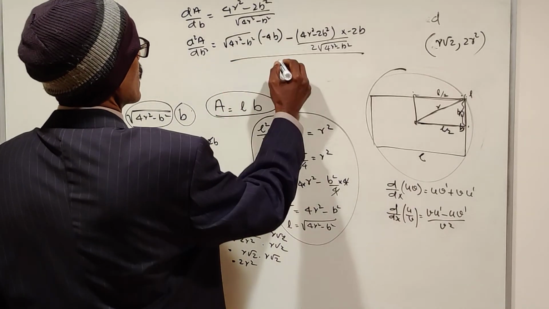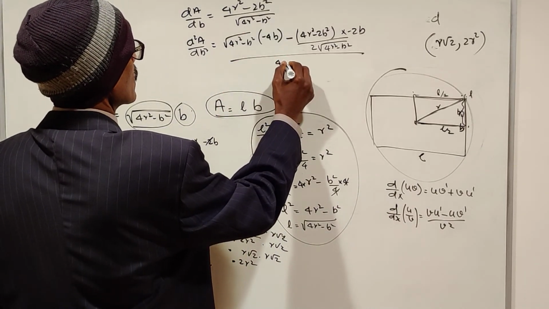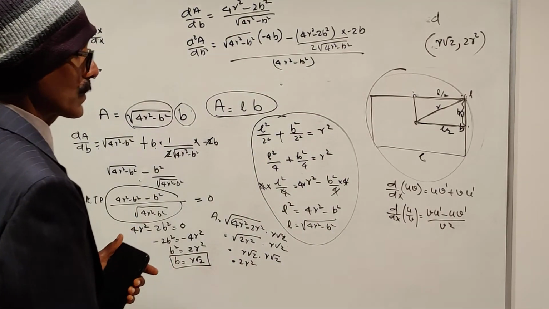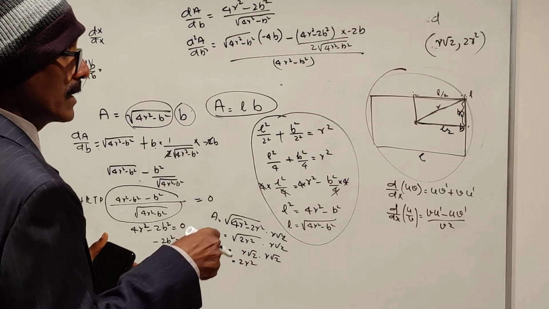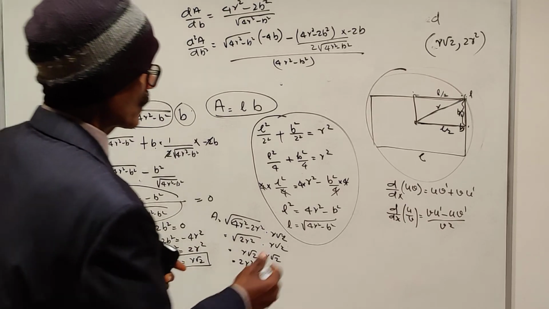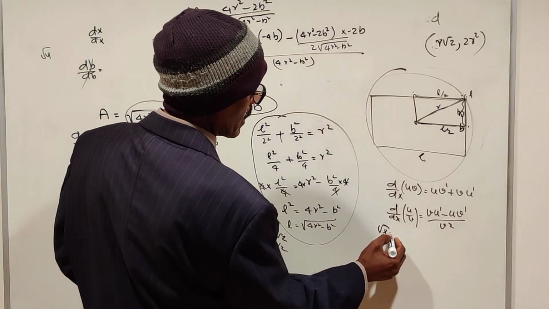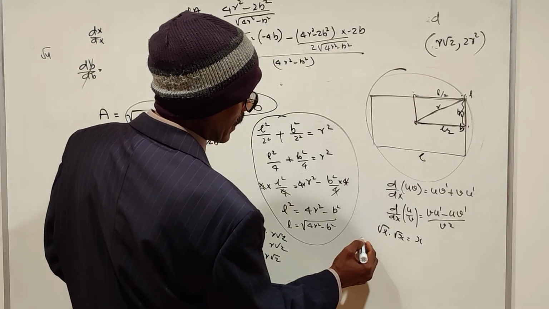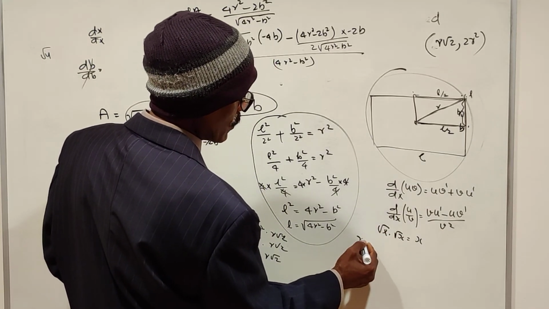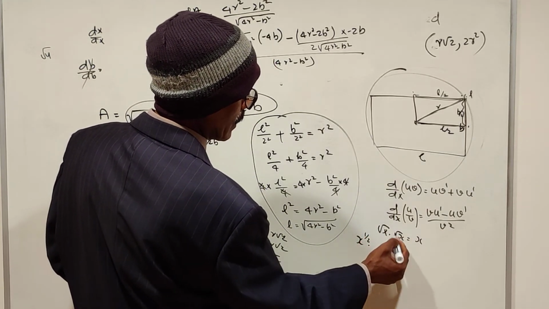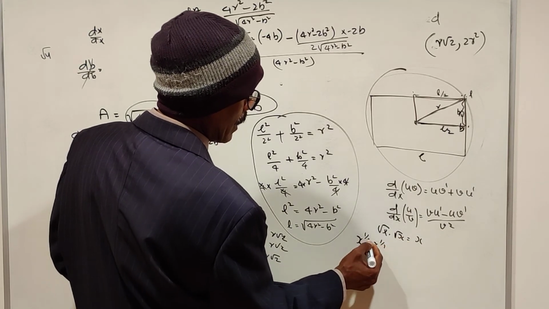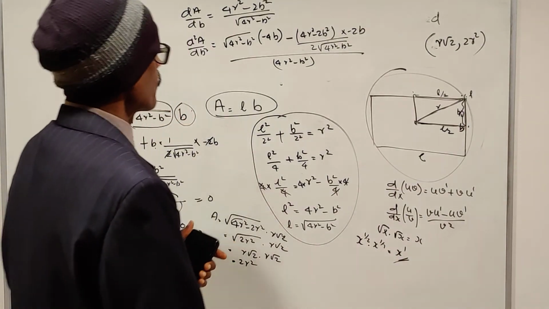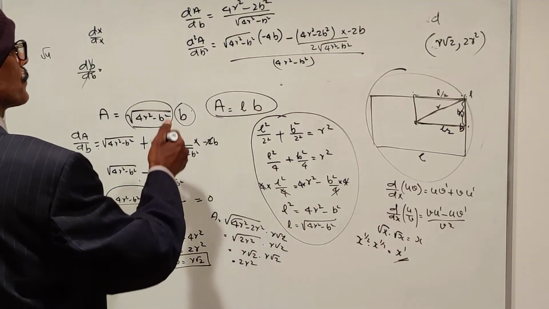What is the square of this? 4R square minus B square. You don't need to write the square root, because square root of x times square root of x is x. Square root of x means x to the power half, and half plus half is 1, so x to the power 1, x.